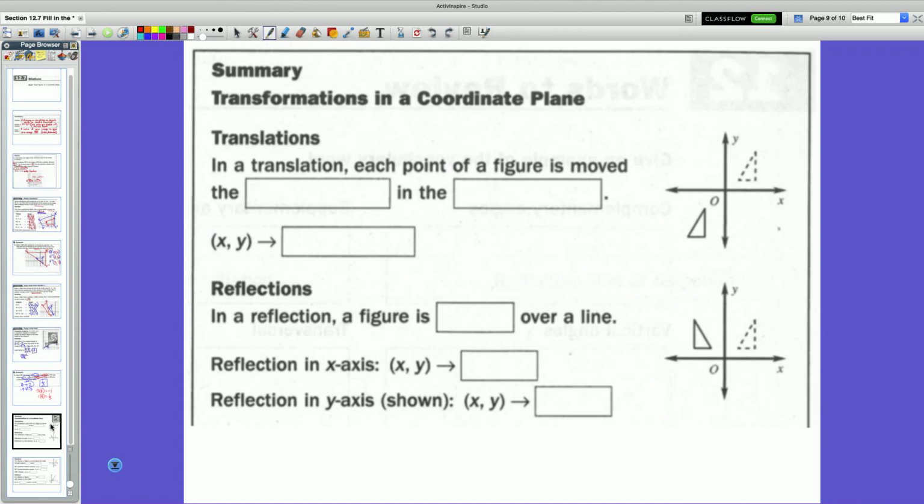All right, so a little summary here of the whole chapter now. For translations, in a translation, each point of a figure is moved the same distance. Because a translation, reminder, is a slide. So each point is moved the same distance in the same direction.